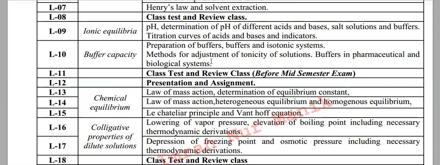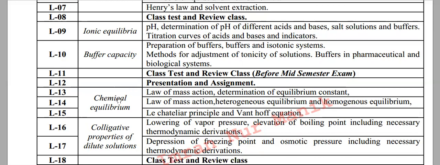This may be 1.5. Then you have to prepare a solution that has a pH of exactly 1.5, and this solution will not be affected by the addition of the drug. So to do so, you have to know how to prepare a buffer solution, and that is why you have to know the preparation of buffers and isotonic systems, etc.